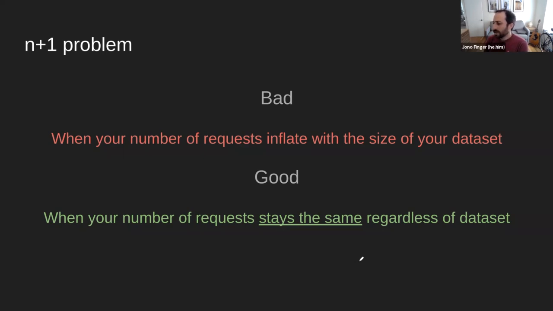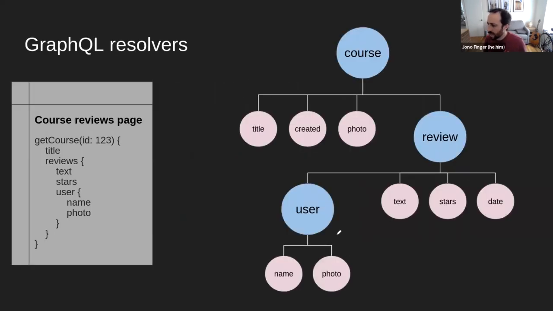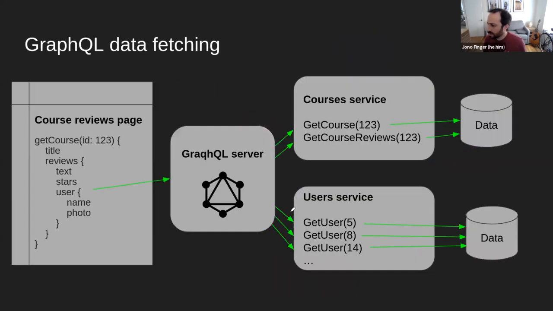Generally speaking, an n+1 problem is when you make too many requests. So in the bad world, your number of requests inflate with the size of your data set. In this example, if we have a lot of users, we're going to make a lot of requests. If we have 100 reviews, we want to fetch information about each user, we're going to have to make 100 requests. That right there is an n+1 problem.